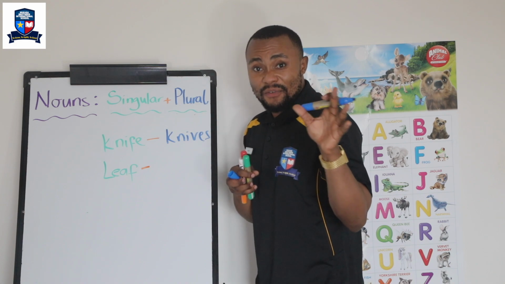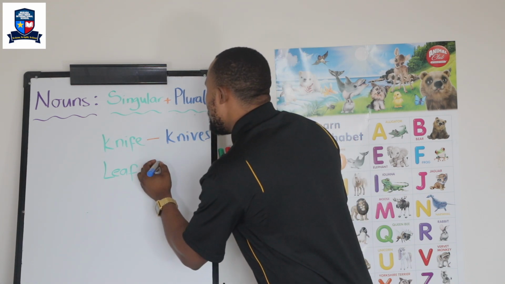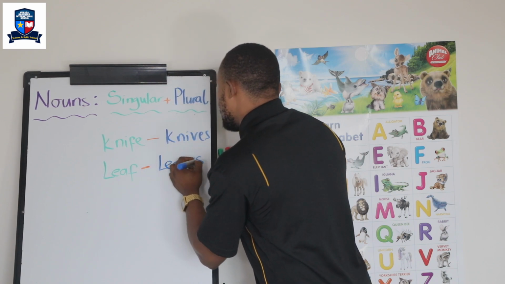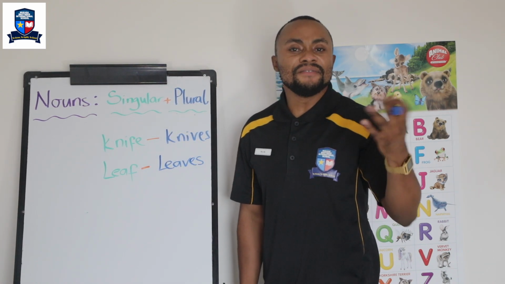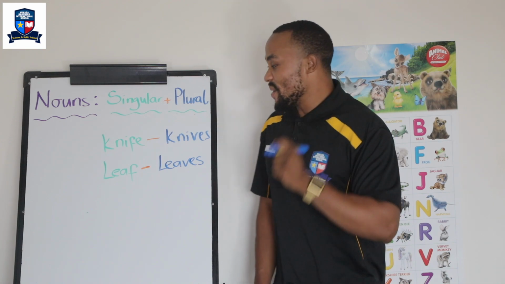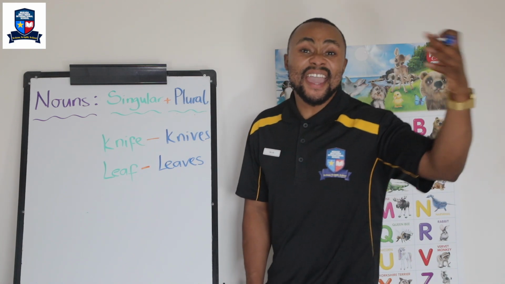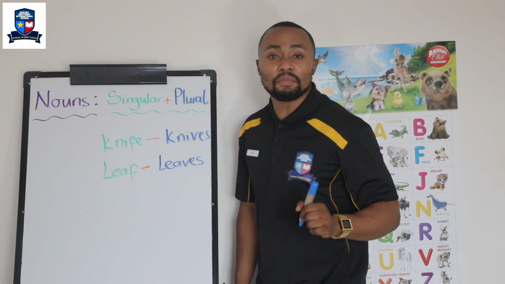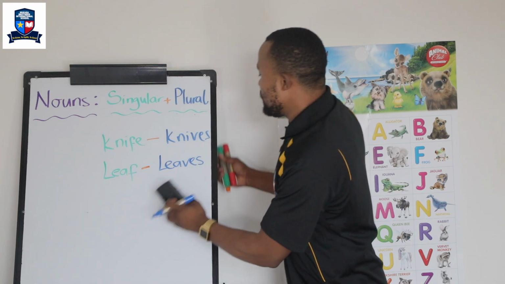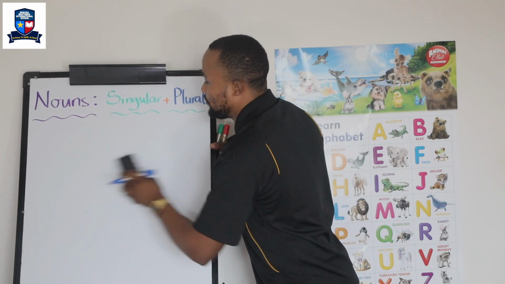It's got a different way of ending. It becomes leaves. Okay, there you go. So I'm going to show you another example again, focusing on the plural form. It's interesting, isn't it?